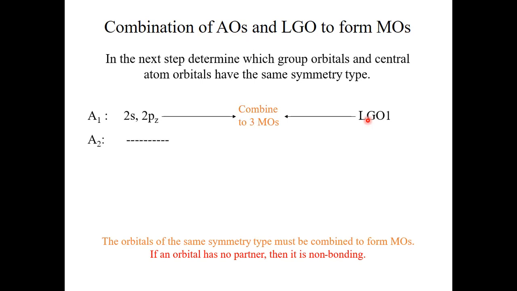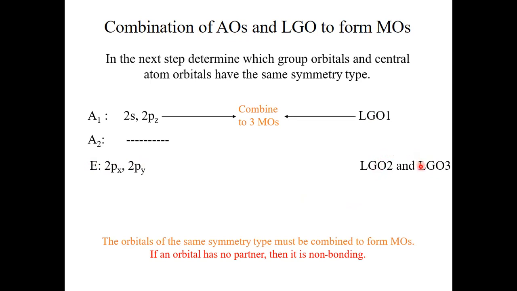So what about the symmetry type A2? Neither a central atom nor a ligand group orbital has that symmetry type. For that reason, we will not have any molecular orbitals of that symmetry type. And last but not least, we have to look at symmetry type E. We have determined that the 2px and the 2py orbitals have that symmetry type, and 2 ligand group orbitals also have that symmetry type.